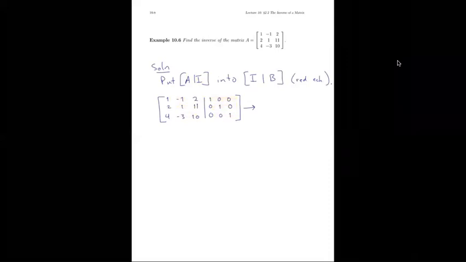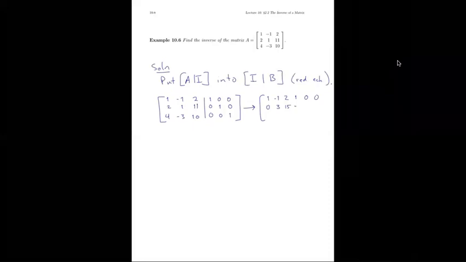So what does this look like? The first row is still the same. We don't really need that separating bar in the middle. Just do it for emphasis. We have a 0, and then 2 and 1 is 3. 4 and 11 is 15.